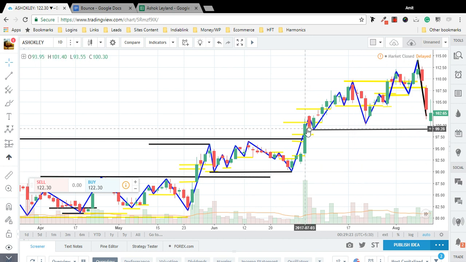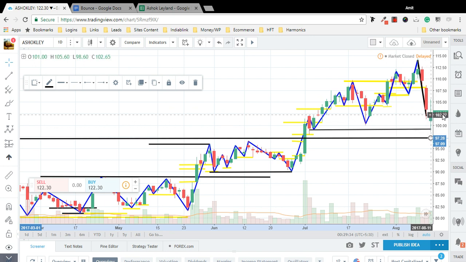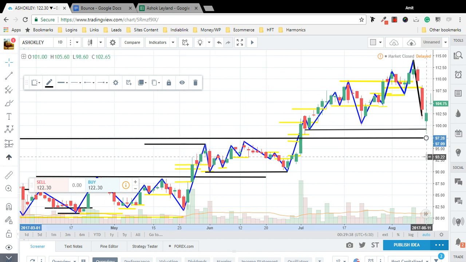Right now we can see this is a support line and it has been bouncing from here. If we look at the past support line and connect here, we could aggressively enter at this place with a stop loss at this level. But it actually gapped up.